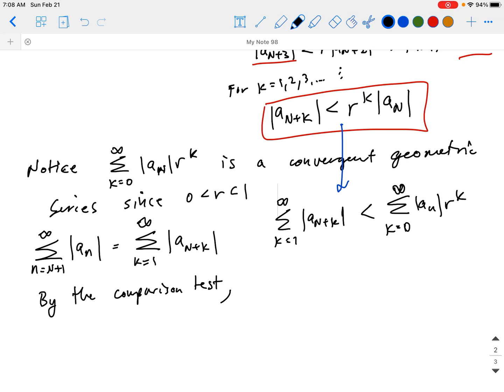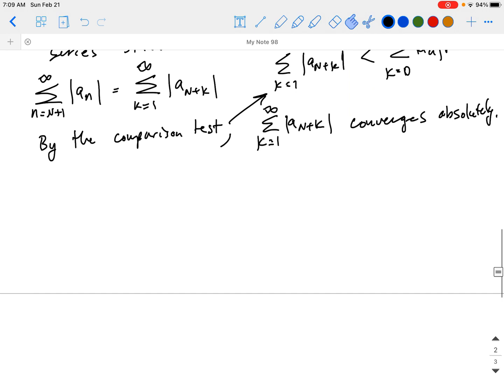So that's by our comparison test. So we know that the series a sub N plus k is going to converge, and it converges absolutely. So we'll make a note here: this is an absolute convergence. That's nice, because now we can finally get to the convergence of our original series.